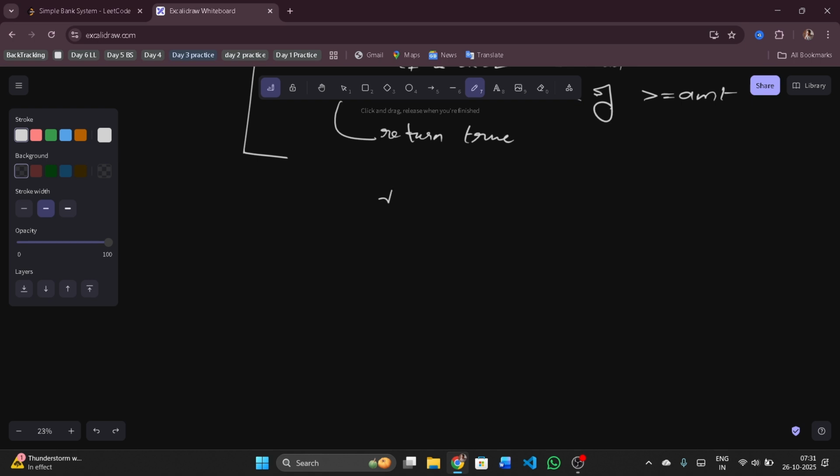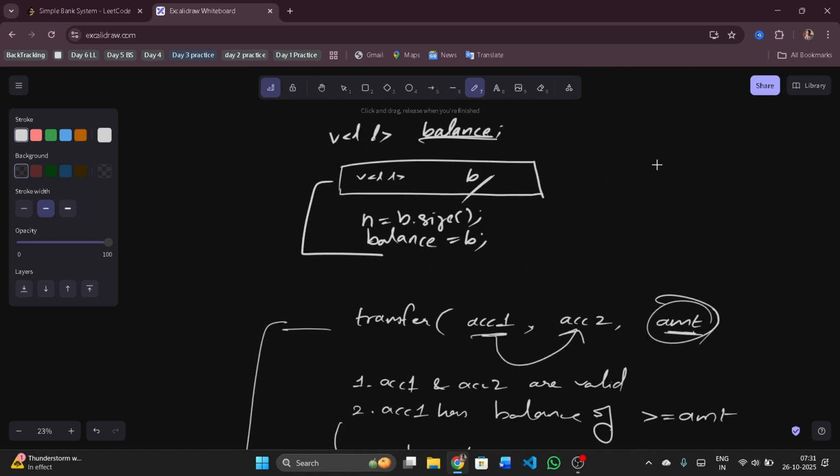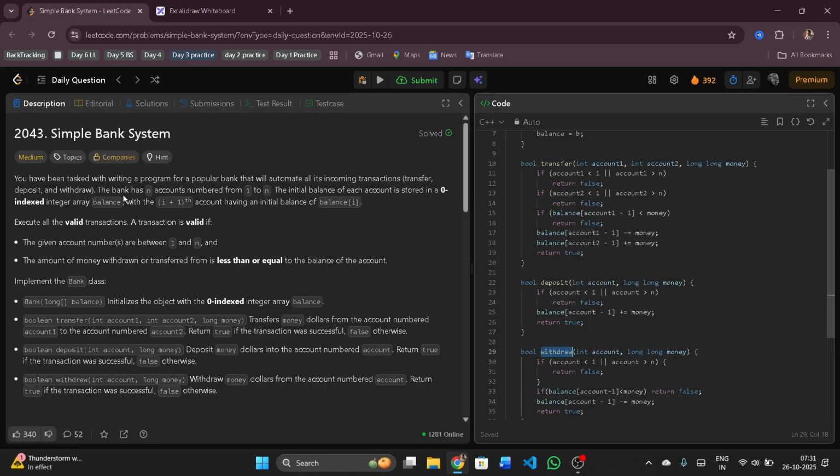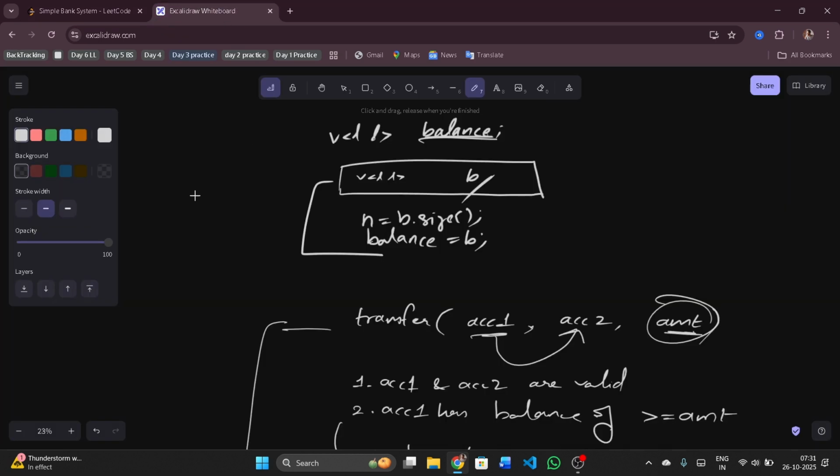Now we need to deposit. When we need to deposit some amount into an account, first we need to check if the account is valid, if the account is there in the bank, if it is registered. They have said that the bank has n accounts, from 1 to n. If n is equal to 5, then 1 2 3 4 5 are valid, but 0, -1, 7, 6, all these are invalid.